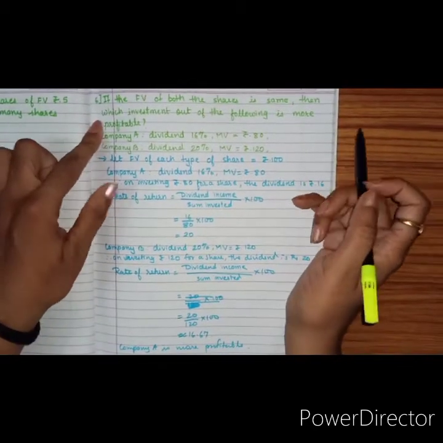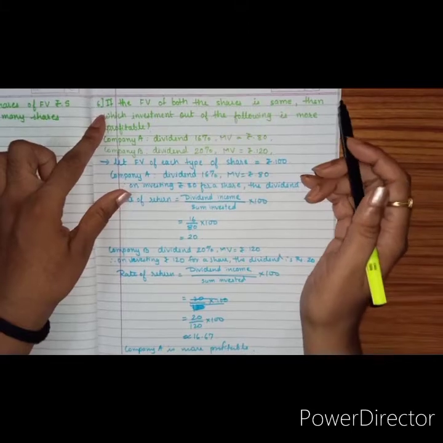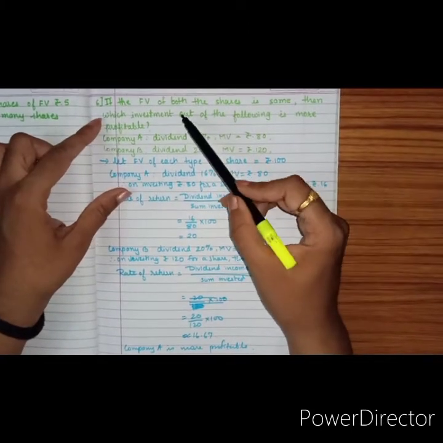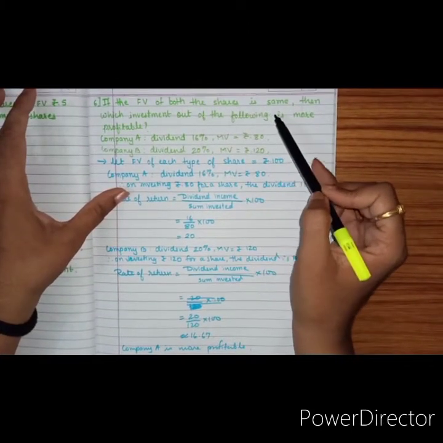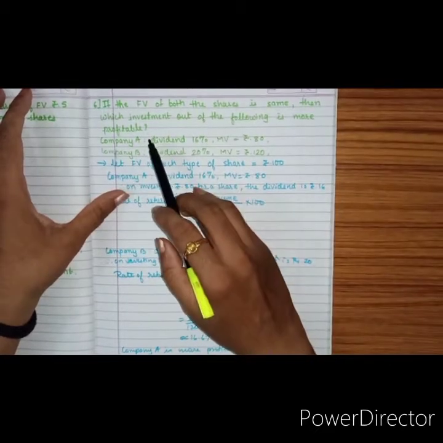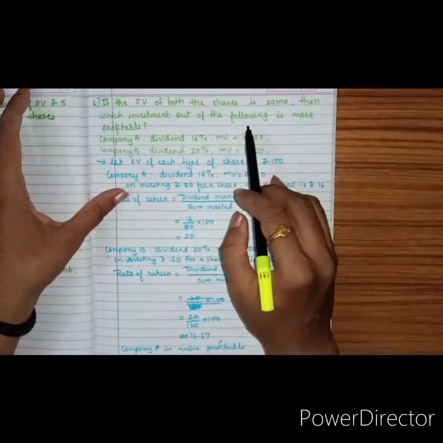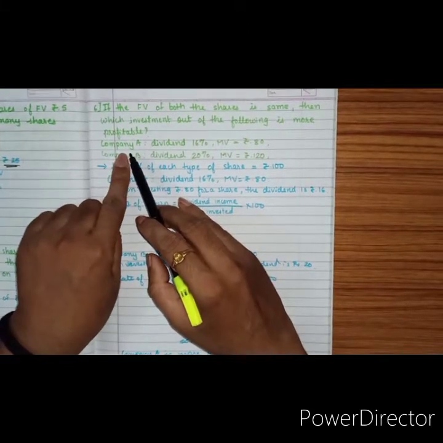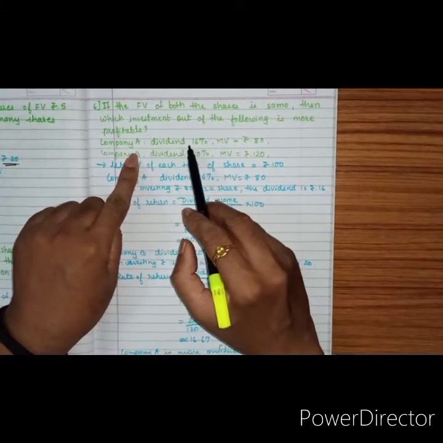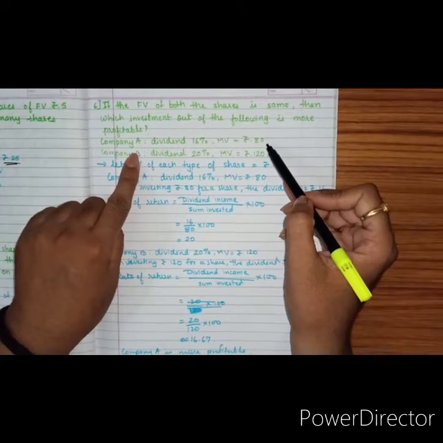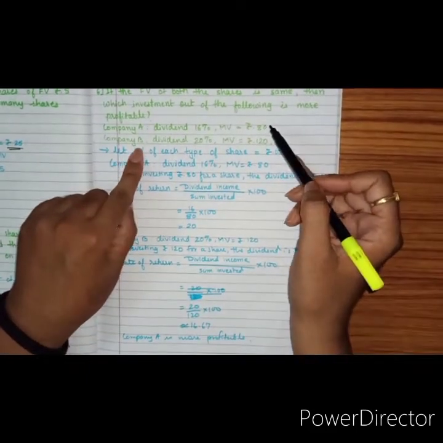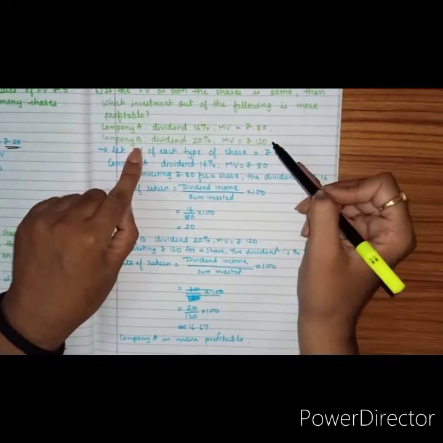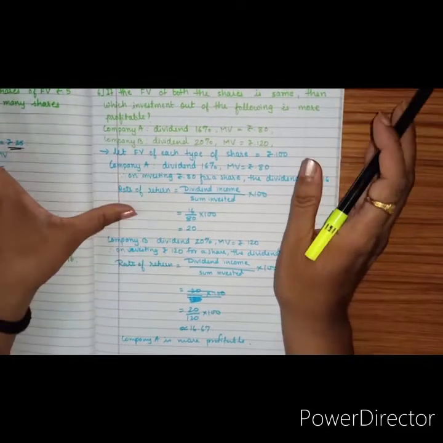Okay, let us see this last example, 6th. If the face value of both the shares is same, then which investment out of the following is more profitable? Company A, dividend is 16% and market value is 80. Company B, dividend is 20% and market value is rupees 120.